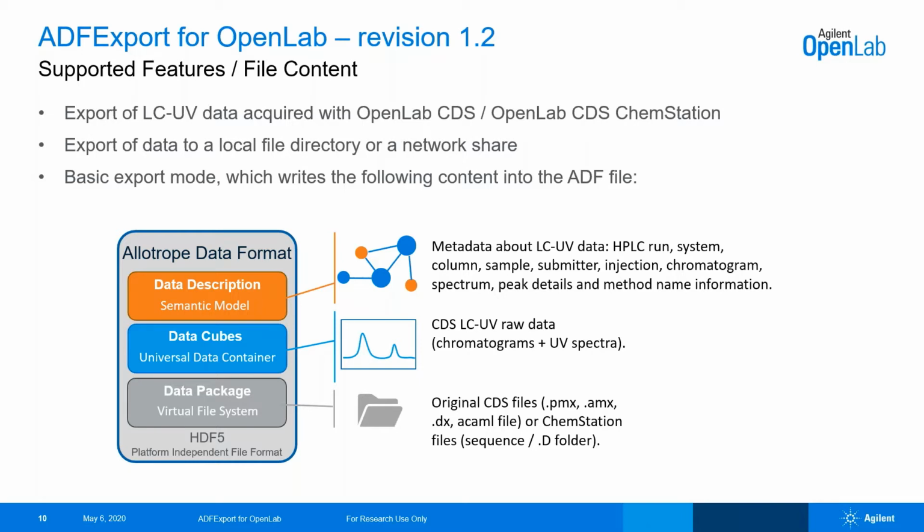Then in the data cubes, we store the raw data, so chromatograms and spectra. And then we have the data package, the virtual file system, which we use to store the original CDS files, either from CDS or from ChemStation.